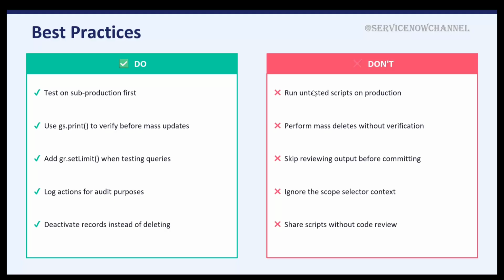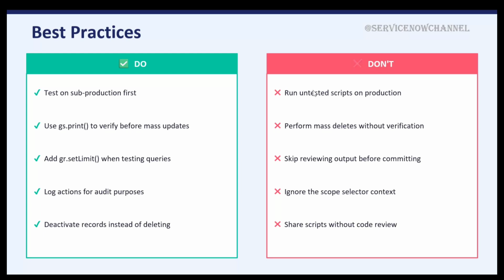Otherwise it will be a big mess if you run the scripts without testing, or if you are not confident in production, then it will be a big mess. Okay, so perform mass deletes without verification. Yeah, so without any verification, don't do any mass deletion. It's very difficult to roll back. Sometimes we can't. That's the thing.